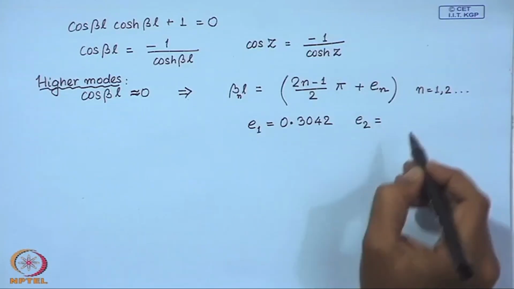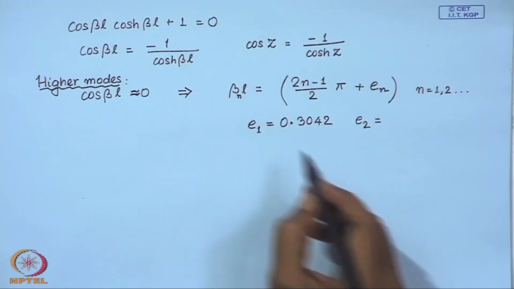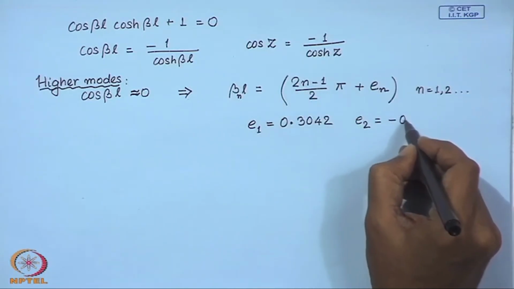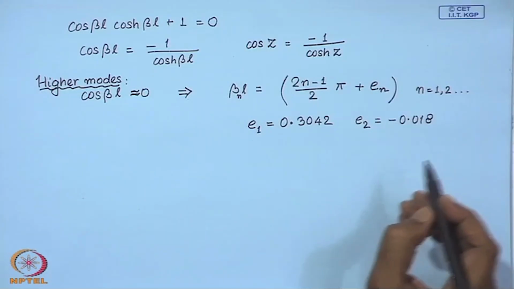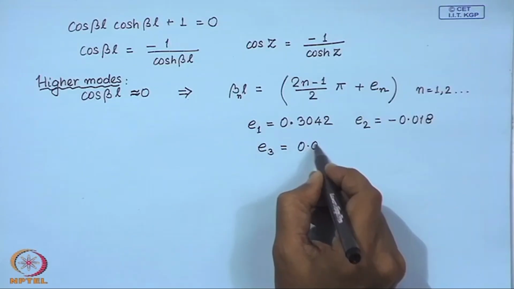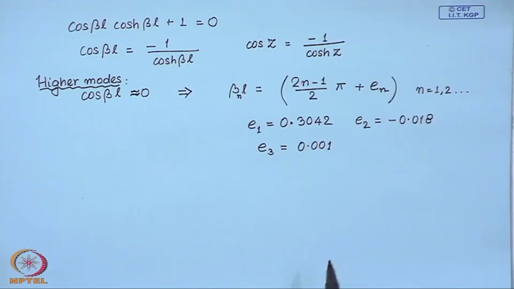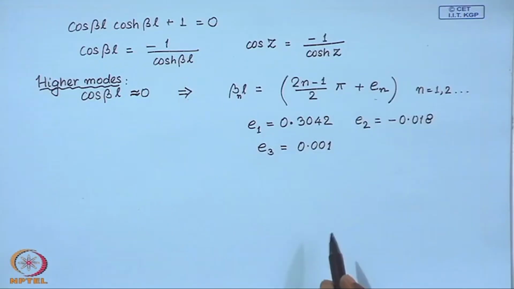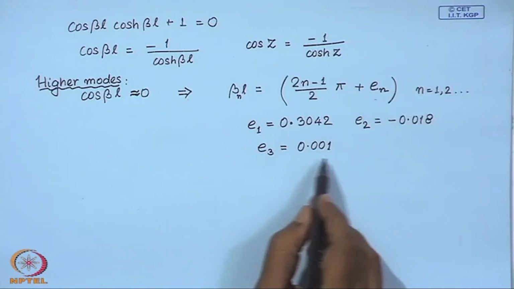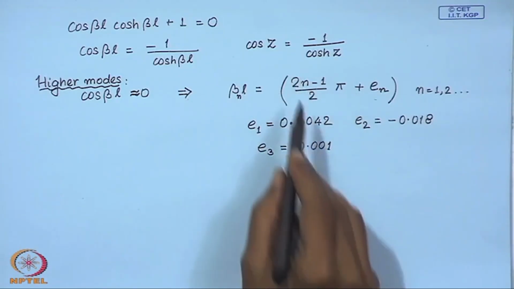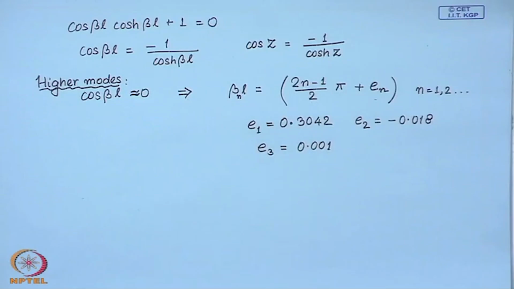If you calculate for the second mode, beta 2 L, then it deviates from this value. If you calculate for the third mode, then it deviates from this value by this amount. So, as you can see, this E n, the correction, is rapidly diminishing. So, for higher modes, it suffices to use (2n minus 1) over 2 times pi as beta n into L.